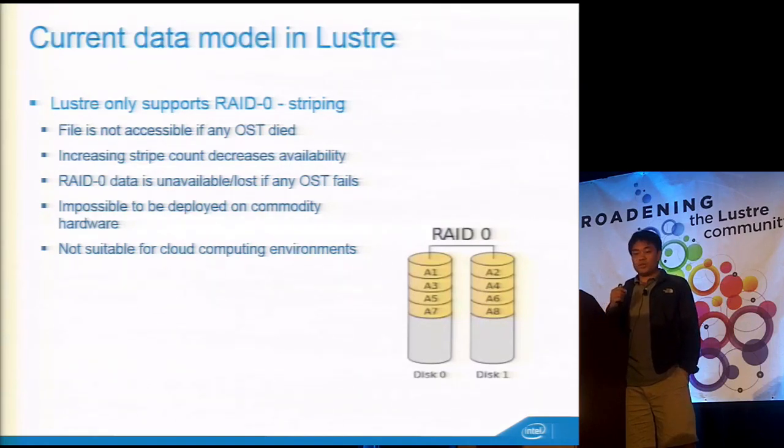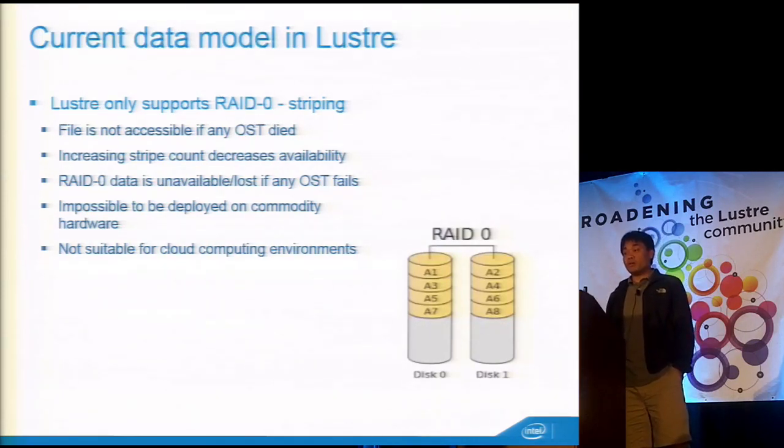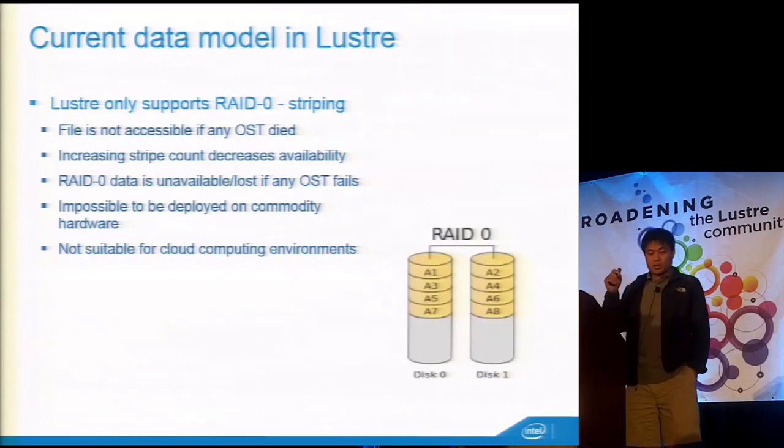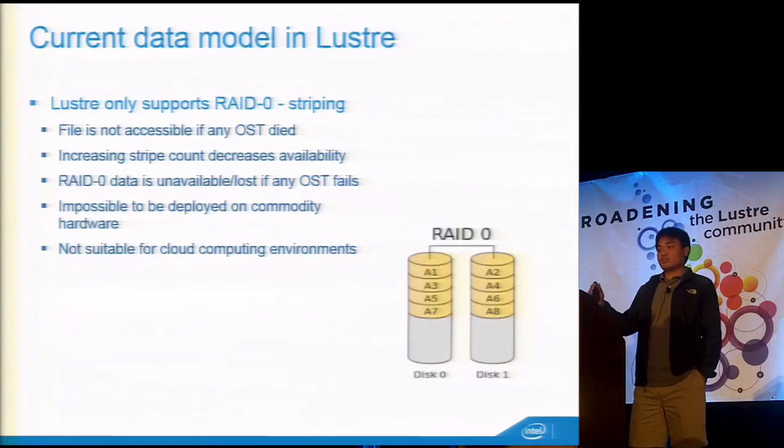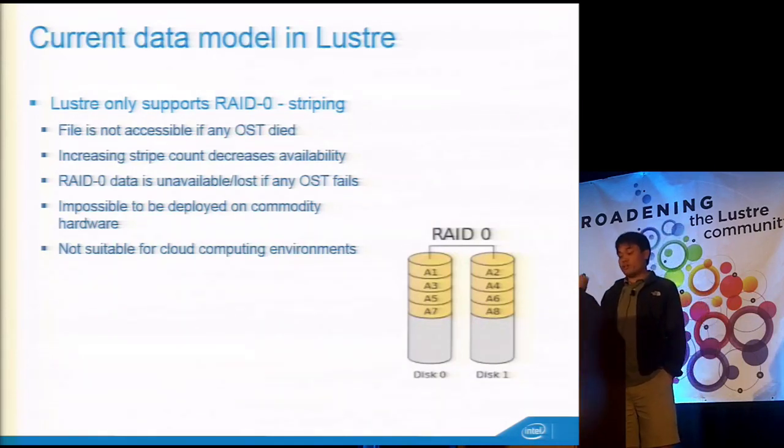And also, if you want to increase the stripe count, you will decrease the IO availability. Why? Because if you have more OSTs for a file, the chance that one of them will be dead is higher.